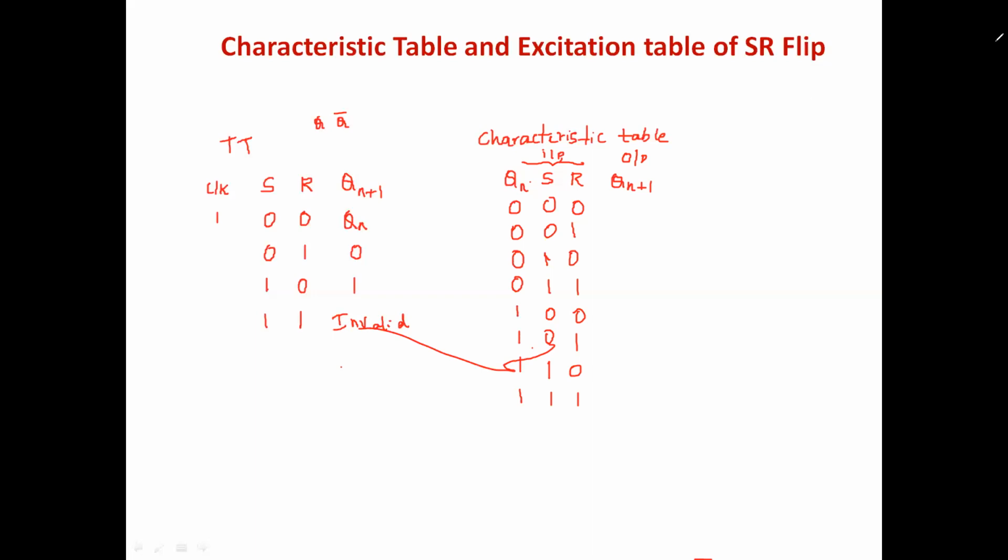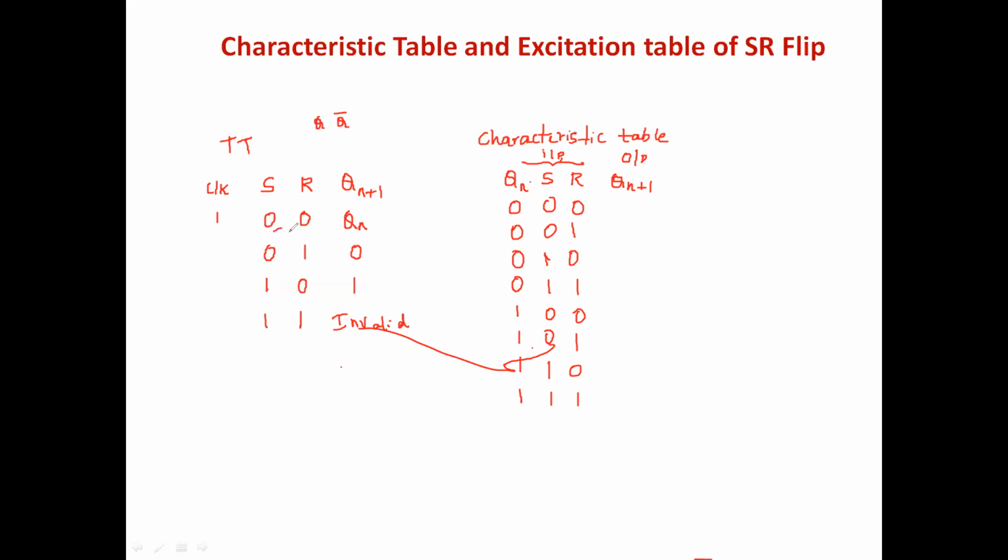Now by looking at the truth table, we can easily write the characteristic table. That means we can easily write the output Qn plus 1 by seeing the truth table. So how will I write? Just observe the truth table here.